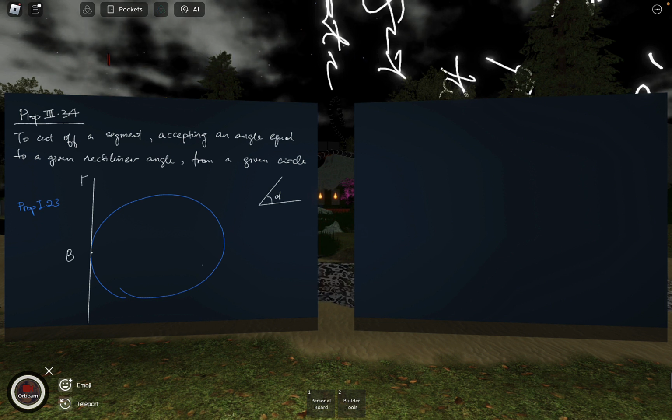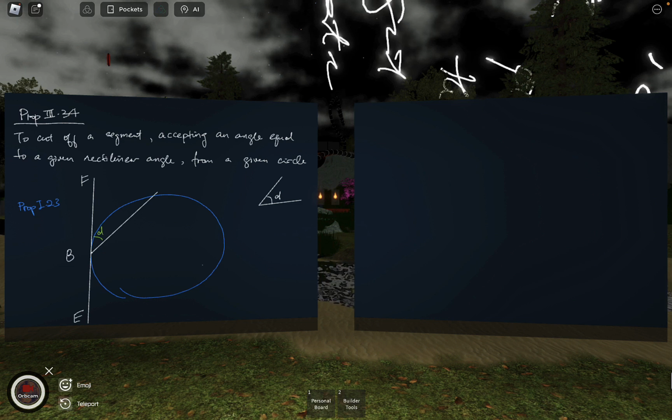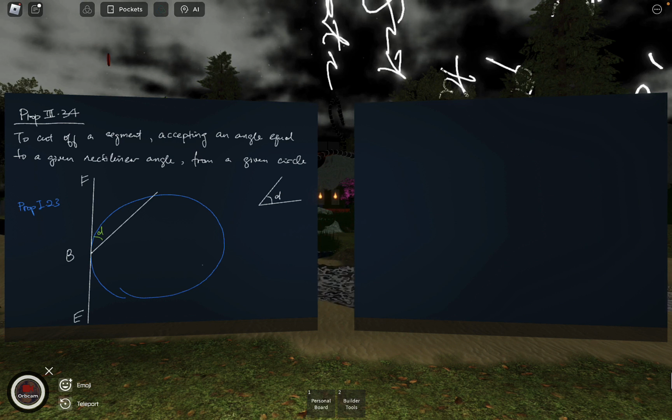I'm going to call this line FBE. We're going to construct an angle like this, the same as the one we're given, and call the point of intersection of this line and the circle C.